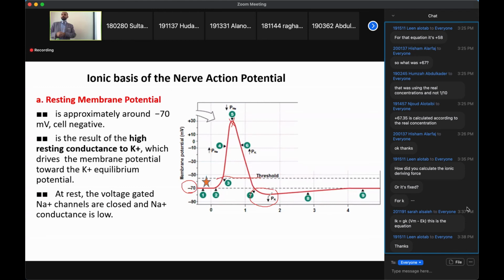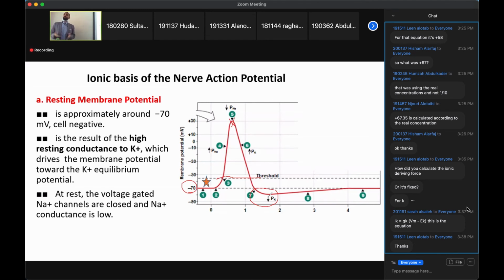Doctor, yes. In the previous slide, the resting membrane potential was negative 80, which is the equilibrium potential for potassium. If it was negative 80, what is the hyperpolarization? So, like I said, there are variations between neurons in terms of measurements.